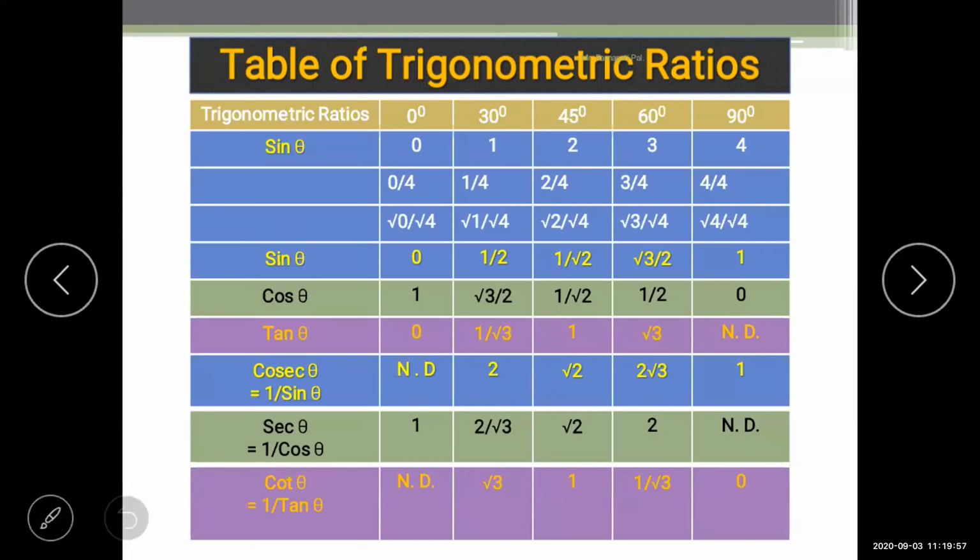Now tan 30 degrees is 1 upon root 3. But when we reverse, what will form? Tell me now. Okay, very good. That is root 3.